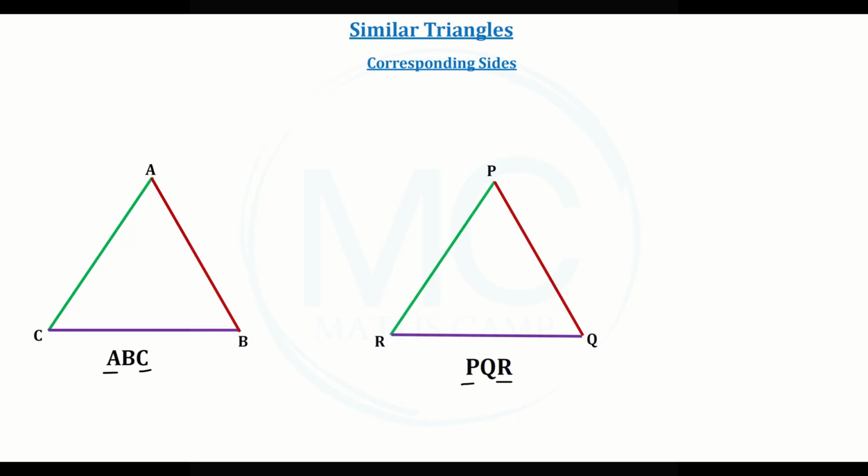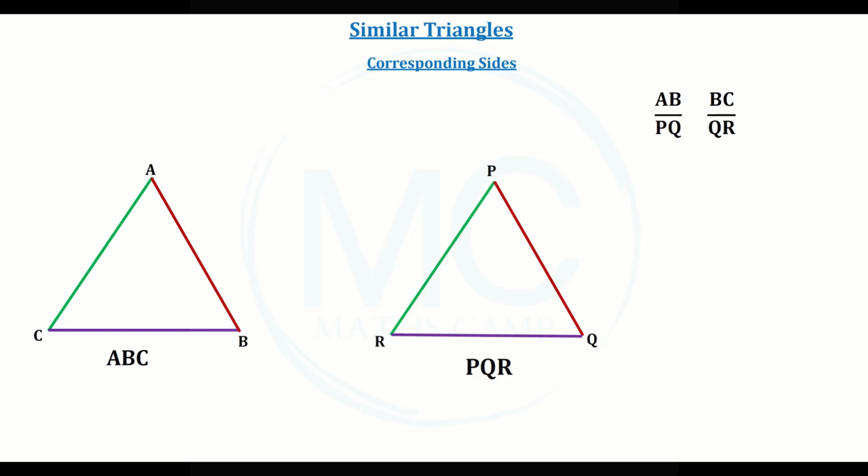So what exactly does this mean? Well, let's look at the different pairs of corresponding sides. Let's say that AB is our first side of triangle ABC, and PQ is the corresponding side in triangle PQR. So we can write our fraction as AB over PQ. BC is the second side, and QR is the corresponding side, so we write BC over QR.